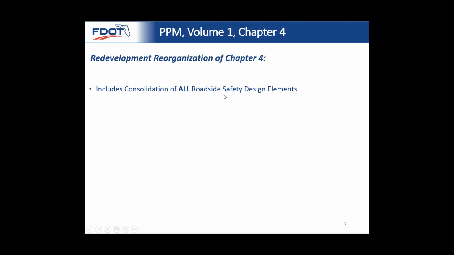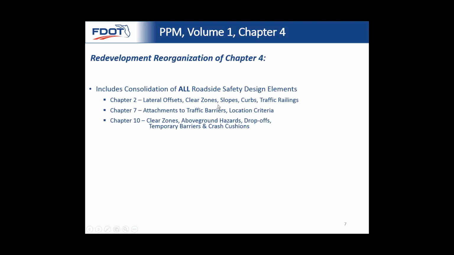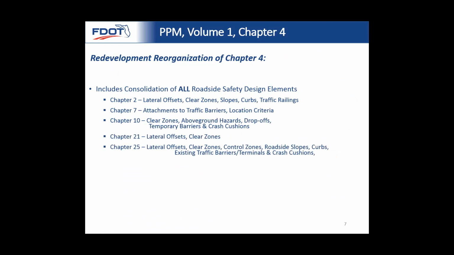Again, this redevelopment or reorganization was in large part a consolidation effort, and as you can see here, there were a lot of chapters in the old PPM that covered roadside elements, whether that be lateral offset or clear zone criteria, and so we consolidated all this information from chapters 2, 7, 10, 21, 25, and tried to locate it in one central location.